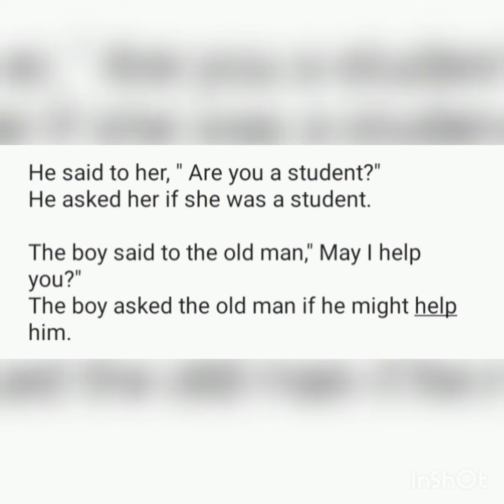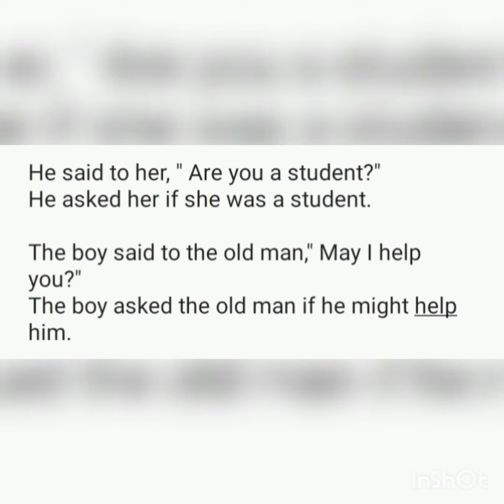So we have to begin with the subject first, followed by the verb are. Here our past form is were, but we cannot use were here because she is third person singular and we have to use was instead of were. She was a student. He asked her if she was a student.